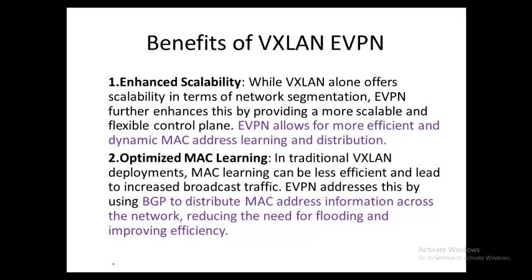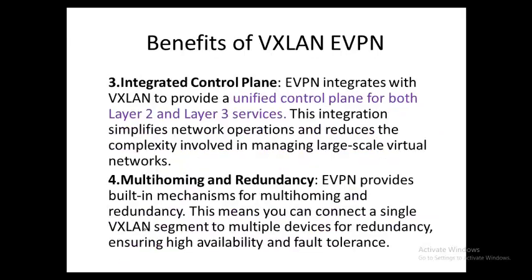Not only that, if a member of a VXLAN communicates to the internet, that is also layer 3 service. For this, you need a very good control plane to direct the traffic towards the destination. EVPN can do this.